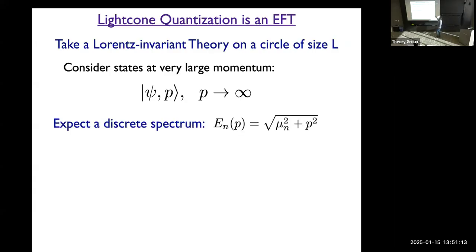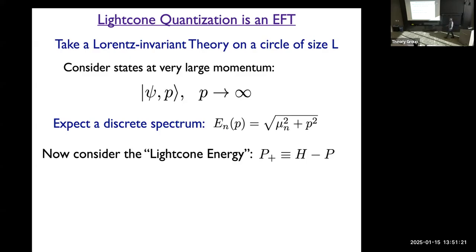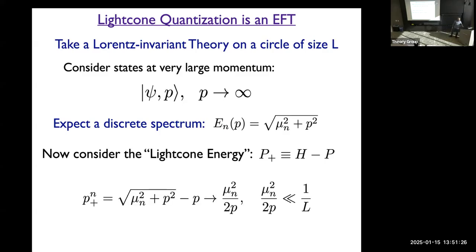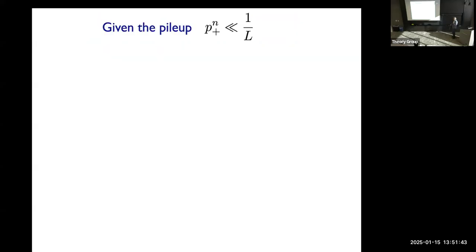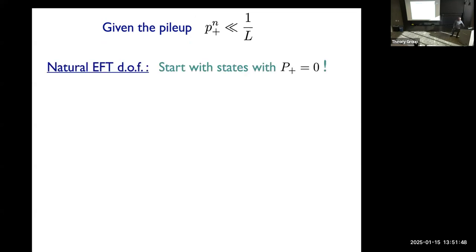I'm on a circle, I have a discrete spectrum, so I expect this to be my set of energies. And what I can consider is something called the light cone energy, the difference between H and P. Notice that this difference is suppressed with P as P goes to infinity. At some point, it essentially tends to zero compared to the characteristic scale, which is 1 over the volume. And so you get a pileup of states near zero.